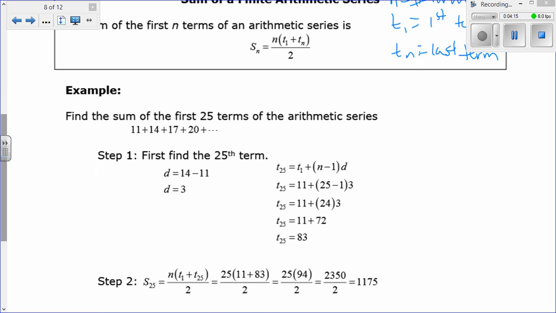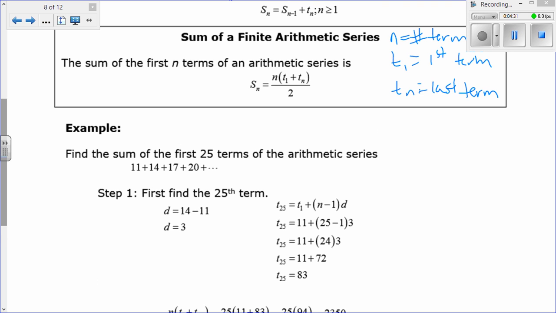For example, find the sum of the first 25 terms of the arithmetic series 11 plus 14 plus 17 plus 20 plus so on. First we need to fill in all of our spots in our formula. S sub n is what we're looking for, S sub 25.